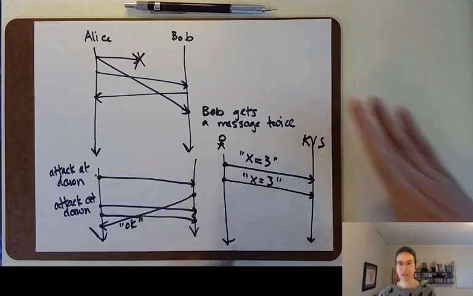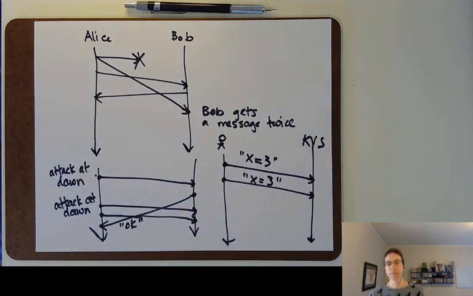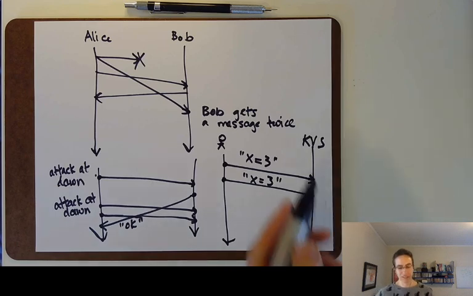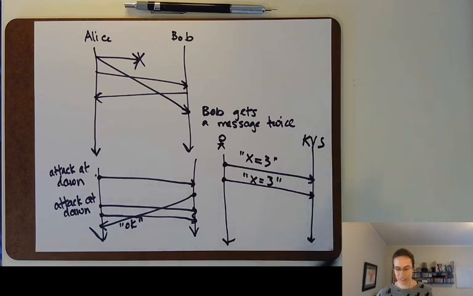So if that message gets duplicated, is that a problem? Yeah, no, I wouldn't say that this one is a problem. I get the messages on the key value store side, and I get assign 3 to x, and then again, assign 3 to x. So is the result going to be the same as if I had only done the assignment once? Yeah, it would.